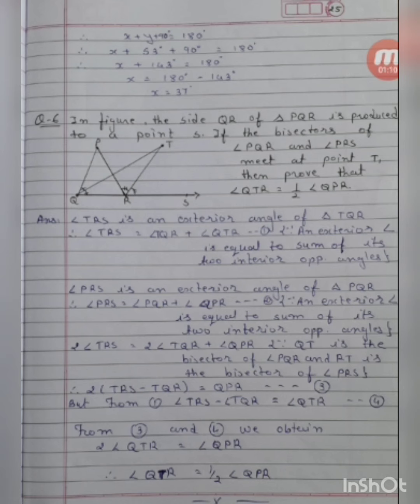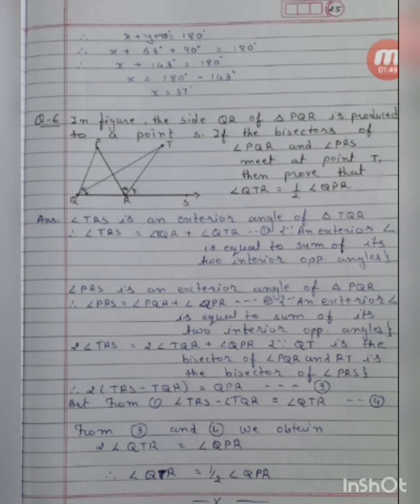So in this equation, in place of angle PRS we have to write 2 angle TRS, and in place of angle PQR we have to write 2 angle TQR, plus angle QPR, because QT is a bisector of angle PQR and RT is a bisector of angle PRS. This is number 3. And now simplify it. We can write 2 in brackets TRS minus TQR is equal to angle QPR.